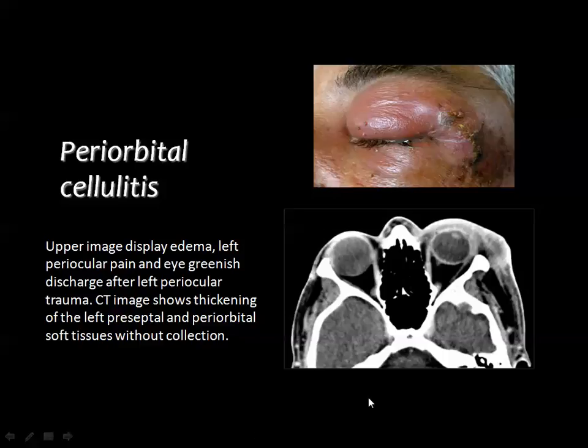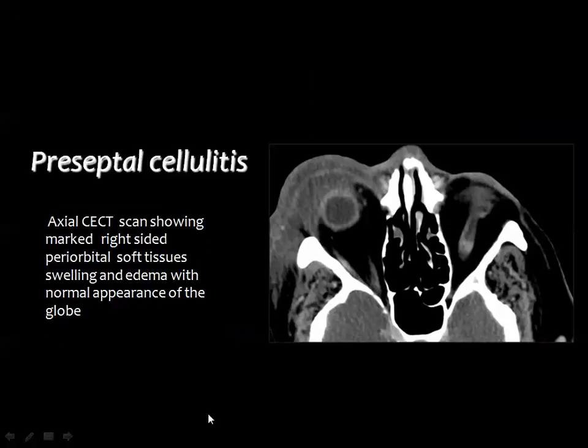Periorbital cellulitis is inflammation of the periorbital soft tissues, including the eyelids. And here you can see it. The diagnosis is evident clinically, but you want to see what is behind this closed eye. Here you see inflammation of the soft tissues along the anterior aspect of the globe, extending laterally, but inside the orbit there is no extension of the inflammatory process.